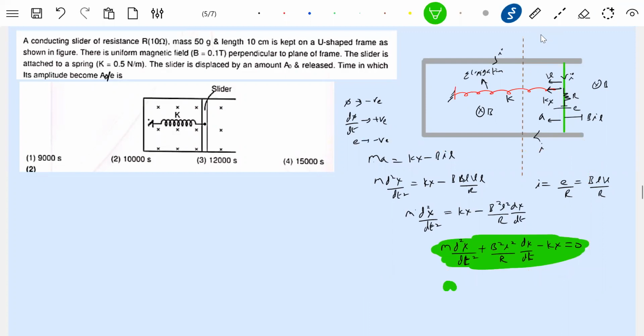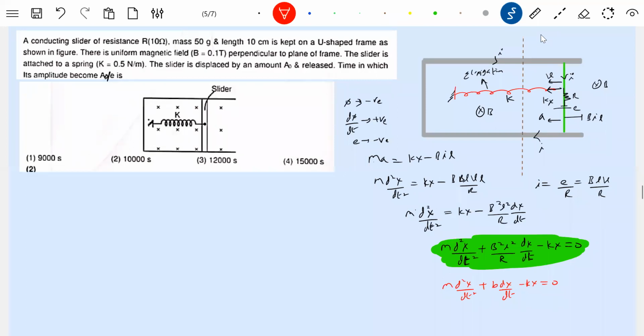So this will become m d²x/dt² minus b dx/dt minus kx equals 0. Damping effect, what is the b? b is called the damping coefficient.